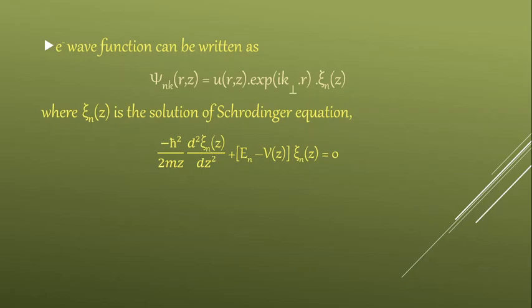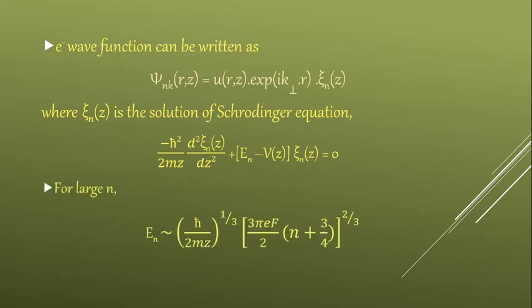So this is the Schrodinger equation and zn of z will be the solution for this. And if you just consider n is large, then we can define En. So En is nothing but the energy eigenvalue.